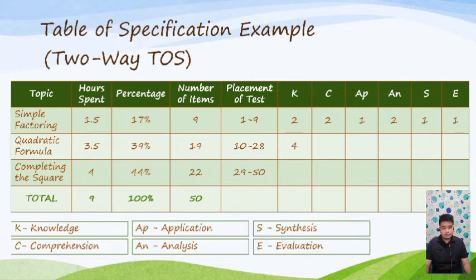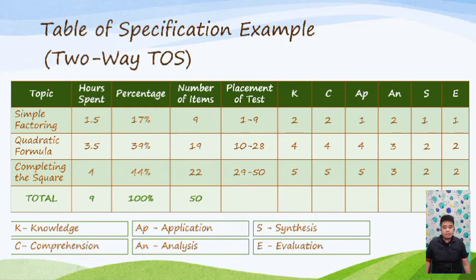Okay, so next, for the quadratic formula, we have 5 for knowledge, 5 for comprehension, 5 for application, 3 for analysis, 2 for synthesis, and 2 for evaluation.